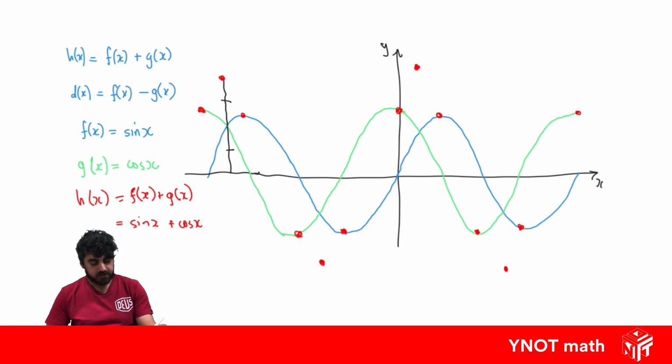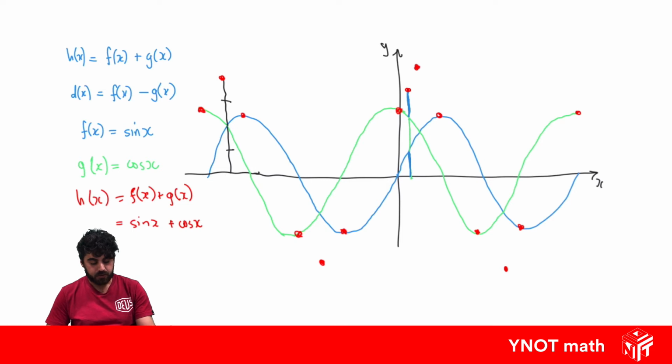And looking at all points in between, you can think about, for example, a point here where you have this y value and this y value, so we're going to get some higher y value. It's like thinking about taking this distance for cos x and this distance for sine x, and that distance for sine x gets added on top of cos x, and we know our function's going through here.